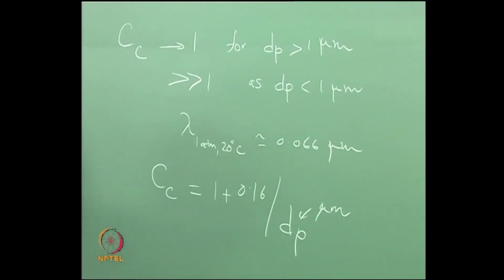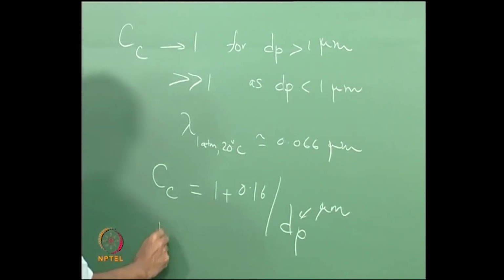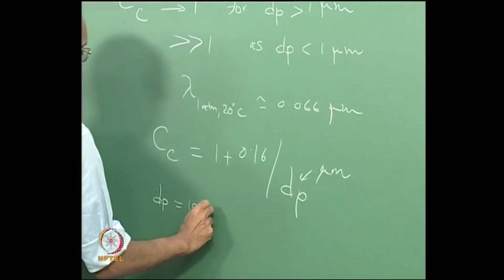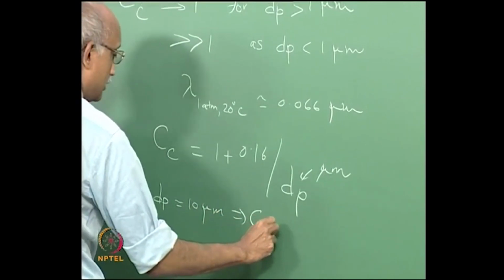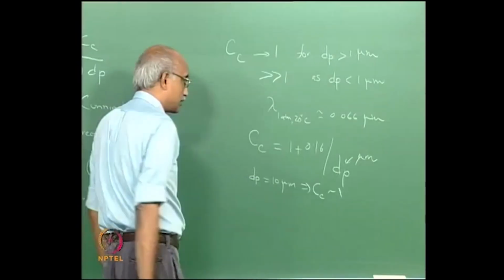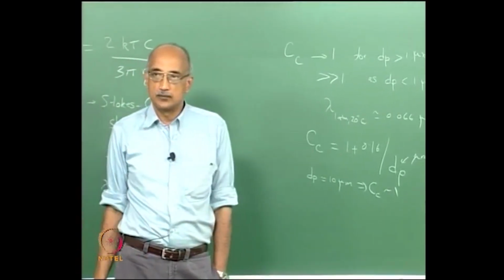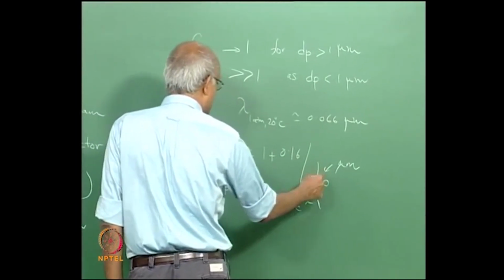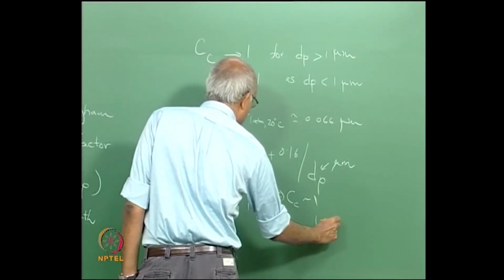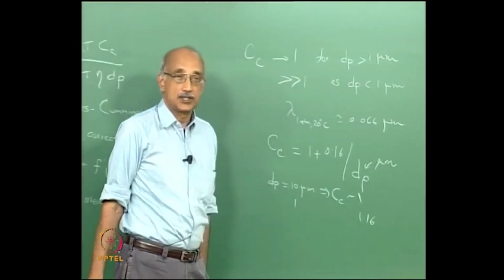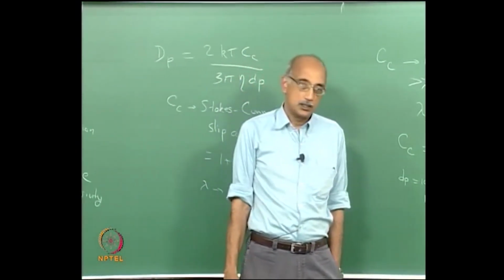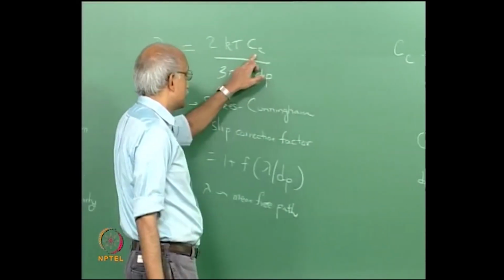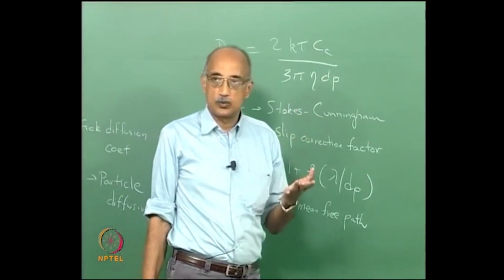So what is the implication of this? When dp is, let us say, 10 microns, Cc is approximately 1, because this correction factor is 0.016, less than 2%. When dp is equal to 1 micron, Cc is about 1.16. So there is a 16% correction in the Cc value here, instead of being 1 it is now going to be 1.16.